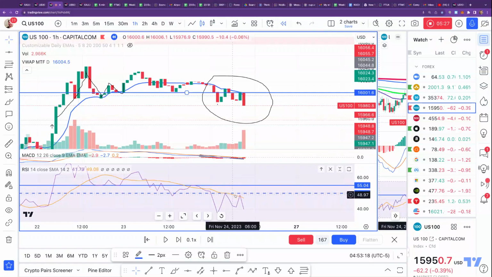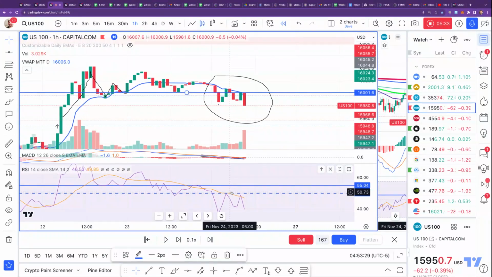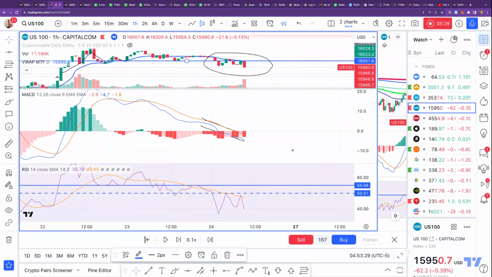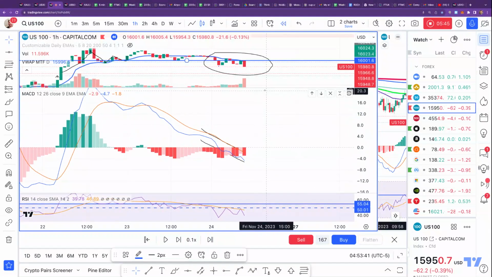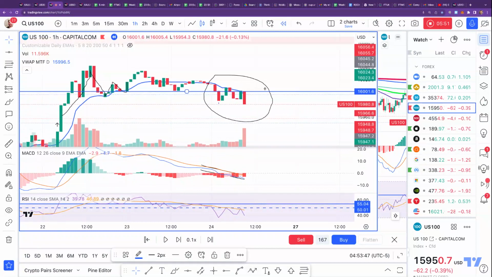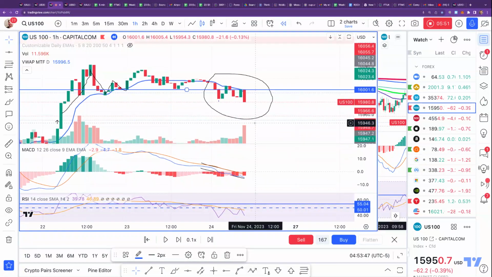Also, the RSI shows a double top as well, very clearly against the 50% level and the EMA line. As far as the MACD, it's trending down well into the lower half, and the histogram is showing a lot of weakness. All these things help show you that your setup is copacetic.